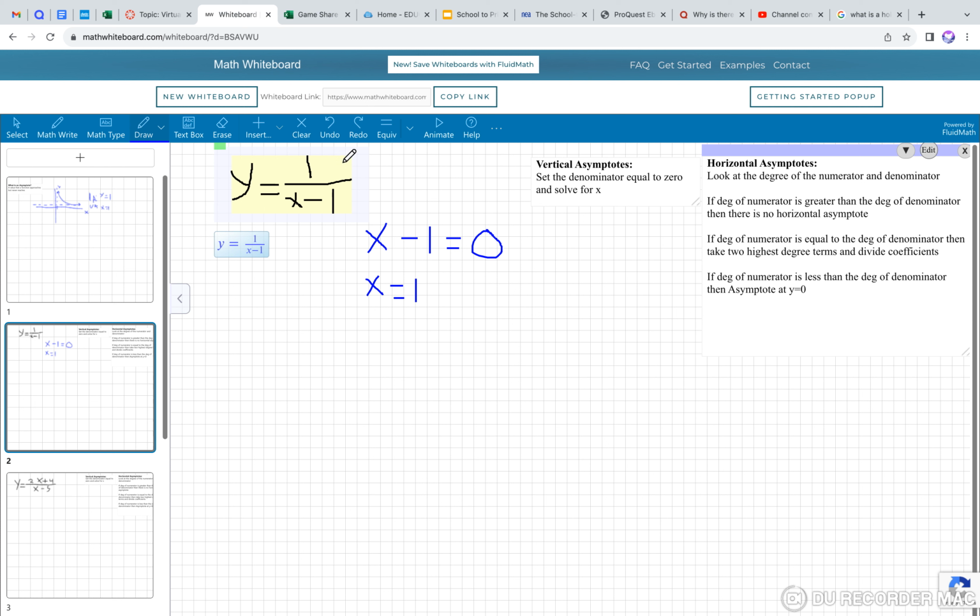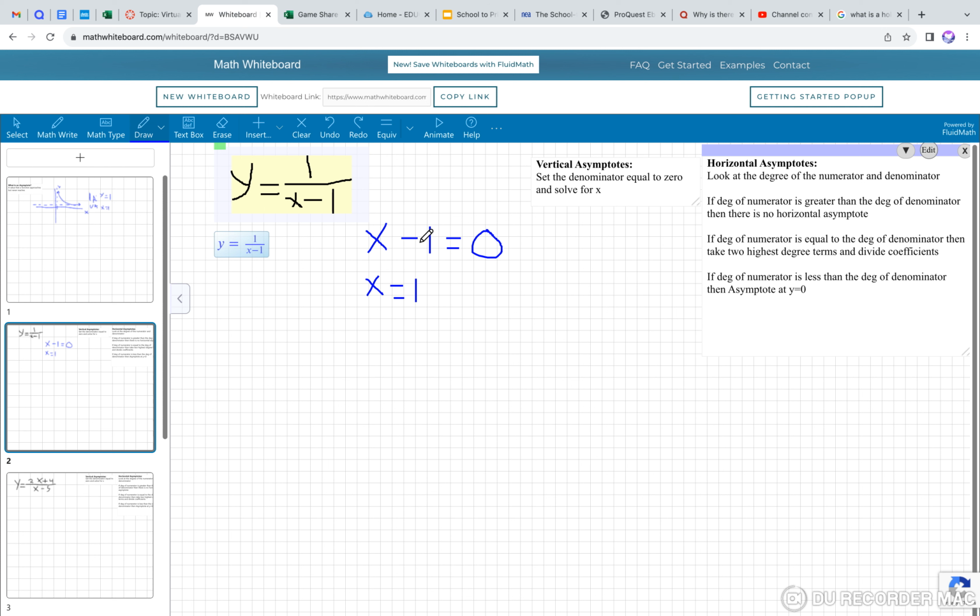So our first function we're going to be looking at is y equals 1 over x minus 1. There are two separate tests we need to do. One's for vertical asymptotes, the other's for horizontal asymptotes. For vertical asymptotes, we set the denominator equal to 0 and solve for x.